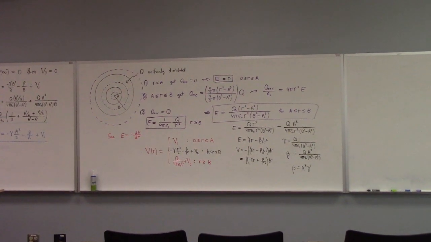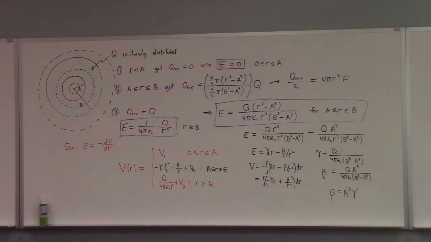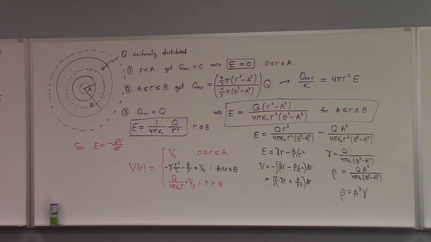Let me try to wrap this video up with number 39 from chapter 23. Because this one's about a charged conductor, and I think we could afford to have another example about those. All right, so here it is.